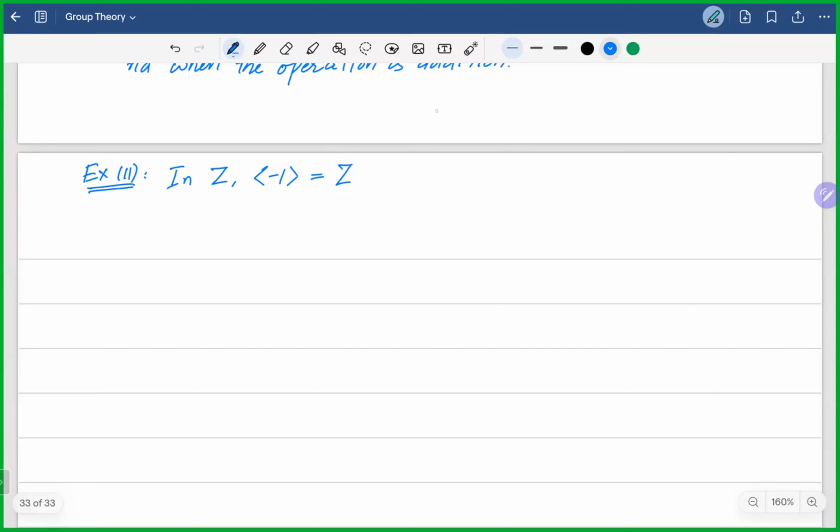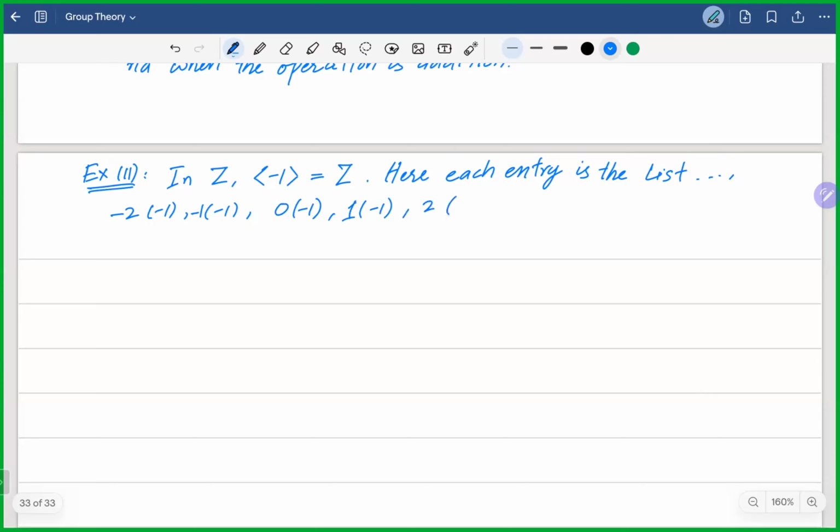Here each entry in the list, like minus 2 times minus 1, minus 1 times minus 1, 0 times minus 1, 1 times minus 1, 2 times minus 1, and so on, represents a distinct group element.